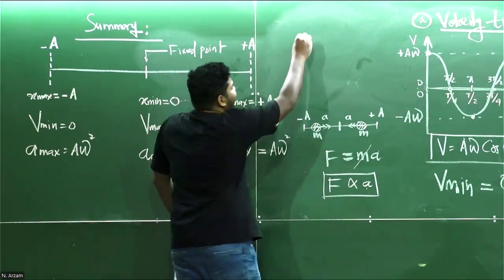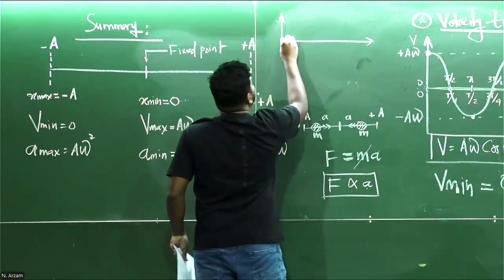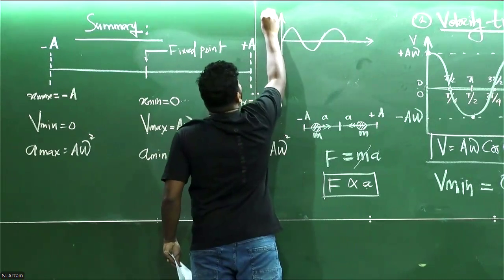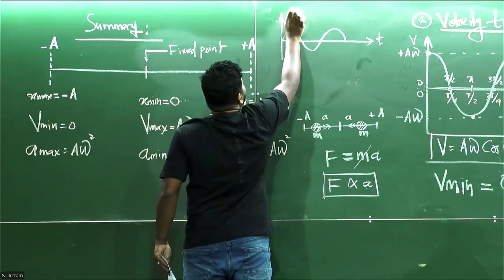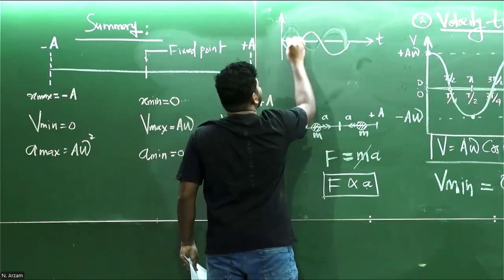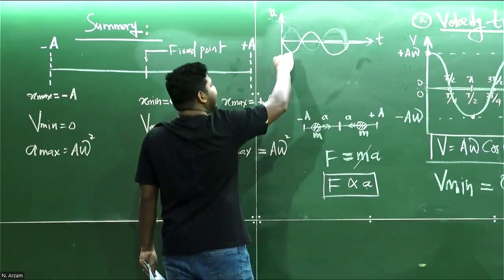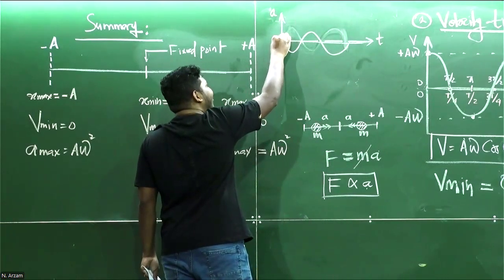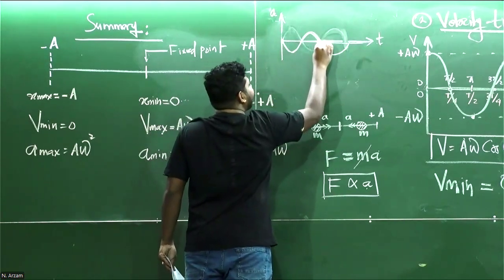So if this is the xt graph, I'm going to draw the at graph here. The at graph you studied looks like this, no? Okay, right. In this at graph, we know the acceleration time graph looks like this.